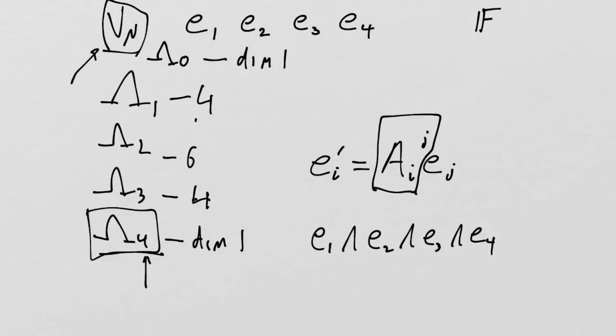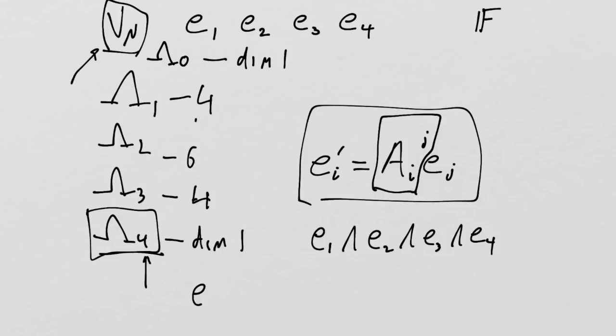We studied it was always for real vector spaces, right? We also know from our work that this transformation will ultimately lead us to get the basis vector E1 prime wedge E2 prime wedge E3 prime wedge E4 prime. That would be the basis for the transformed version of this space.